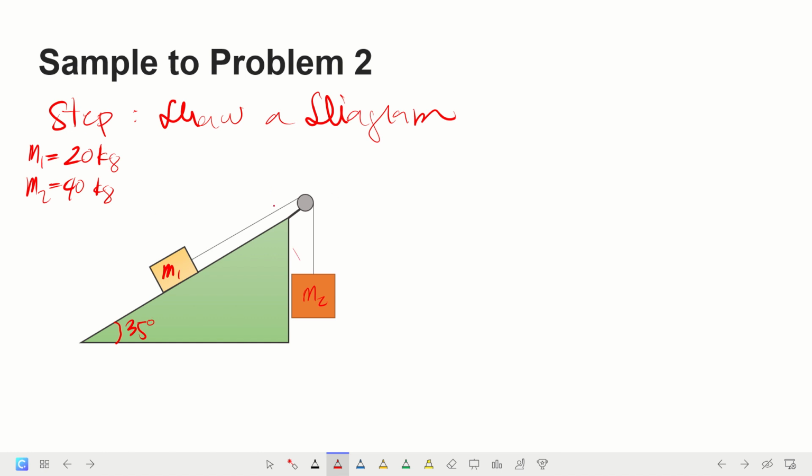In answering this problem, so letter A, we're looking for the net force. So to determine the net force, it is much easier to treat these masses, so this situation, as one system, so isang system. So therefore, yung tension force dyan, hindi na natin isasama dito sa net force that is acting on the system.